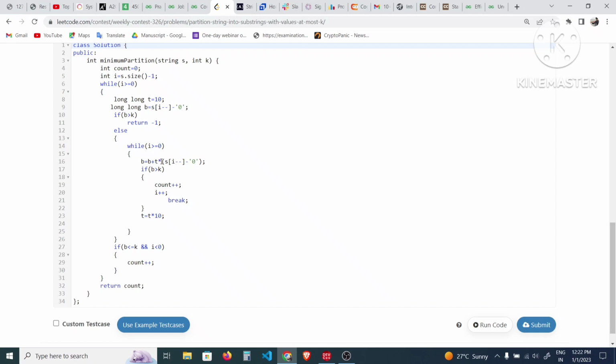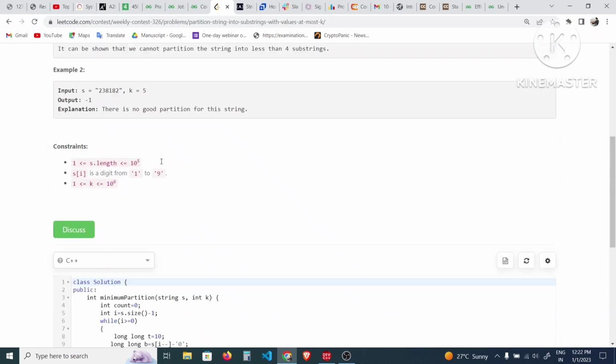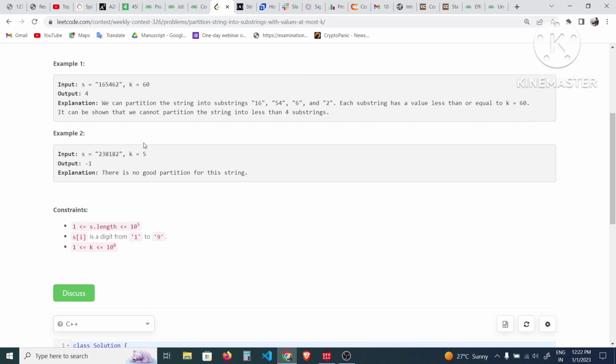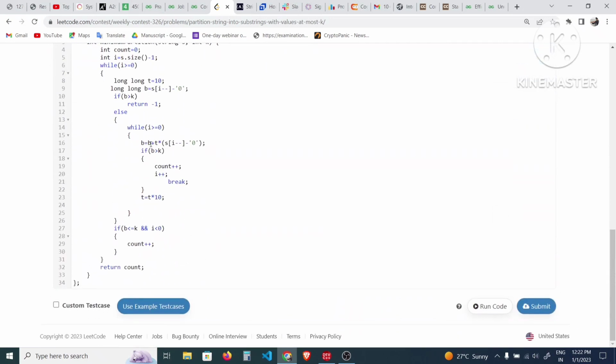First you take 6 and then you take 4, so 4 will become 40, plus 6, so it will become 46. Then you need to check whether b is greater than k or not. If it is greater, then you take count plus plus and i plus plus, because I have subtracted 1 from i.